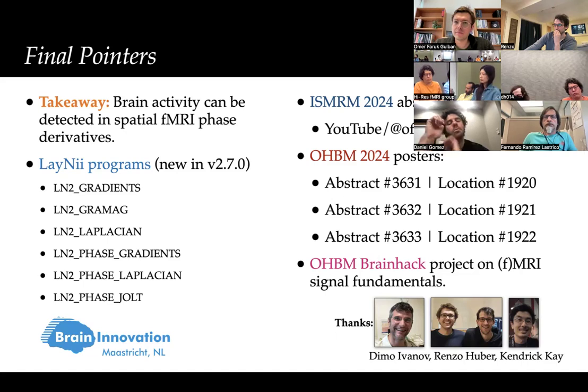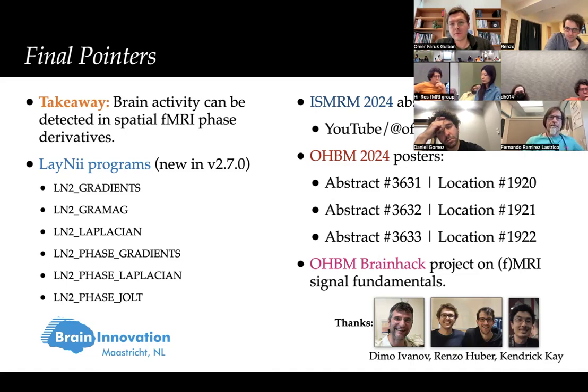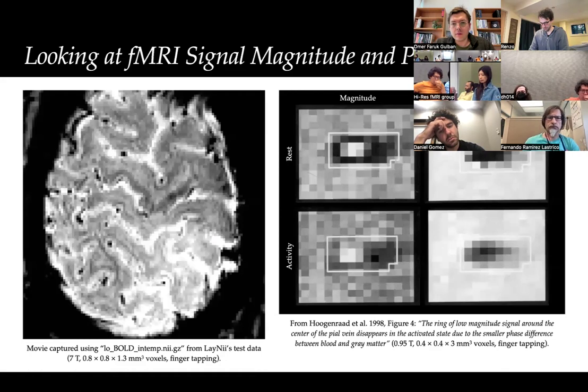I was curious if you ever looked at whether the phase signal is always a subset of magnitude? Is it always adjacent to magnitude activation, or are they complementary? For example, you show in the Laplacian there's positive and negative side by side. Do you see those features in visual cortex only, or in other brain areas? Is there a spatial relation between those?